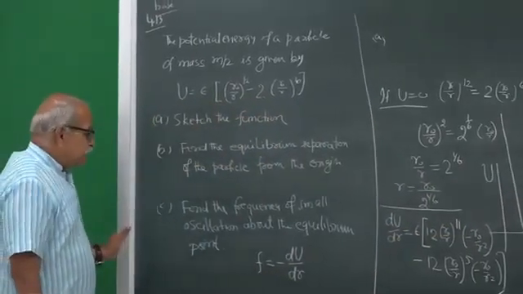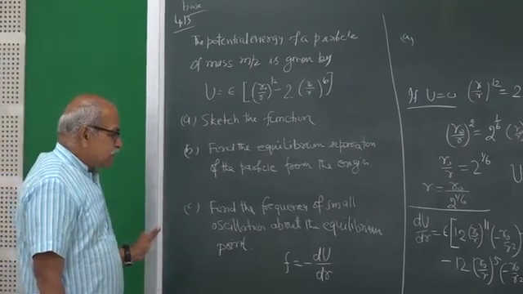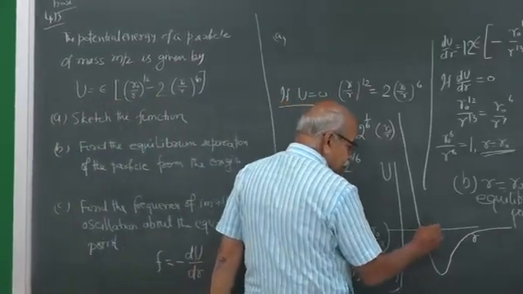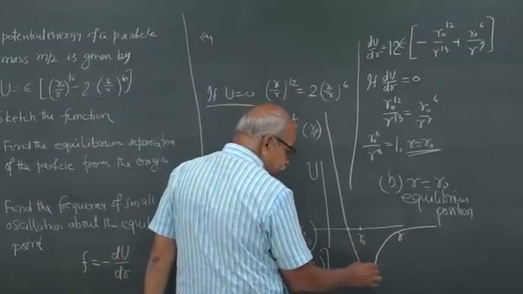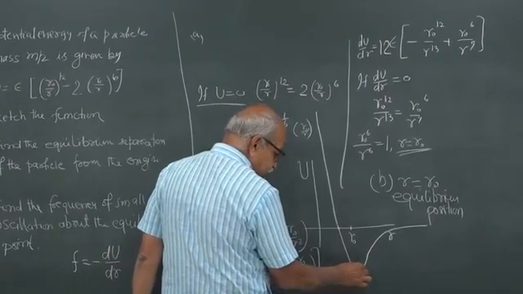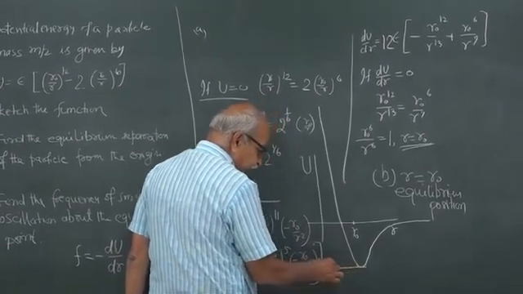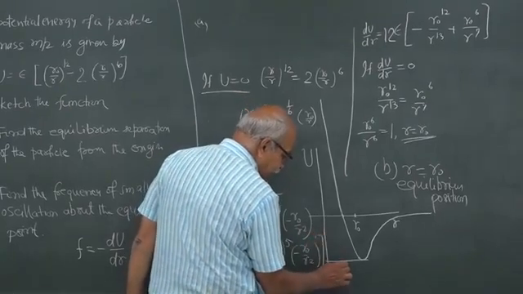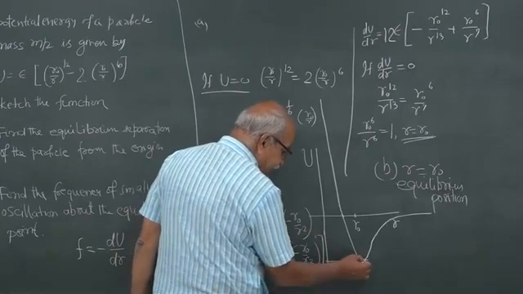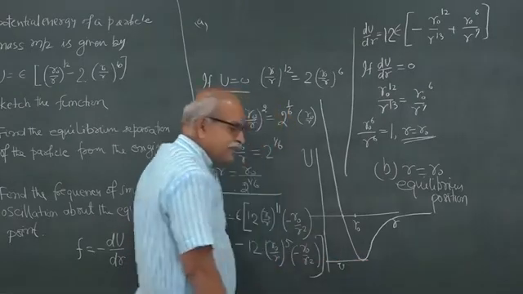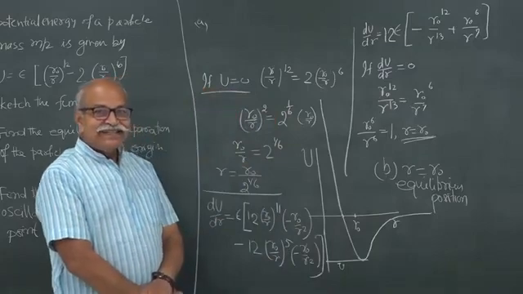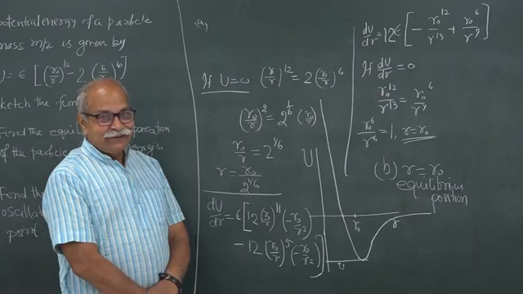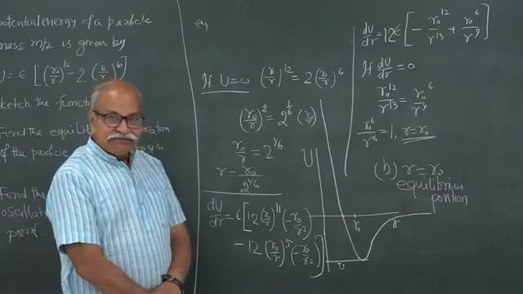Then the C part, find the frequency of small oscillation about the equilibrium position. So, if the particle is here and this is the total energy, and total energy is equal to the potential energy, then the kinetic energy is 0 and the particle does not move.